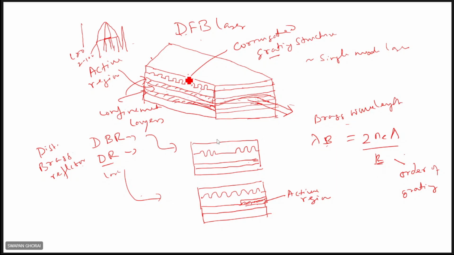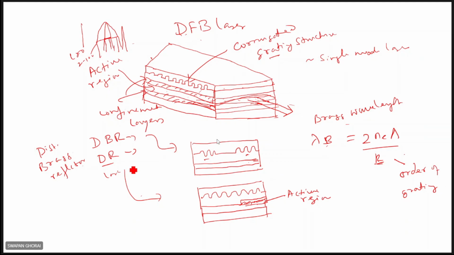There are other structures also, besides distributed feedback lasers. Another structure is the distributed Bragg reflector, where grating structures are on both sides and in between there is no grating structure. Other things remain the same.